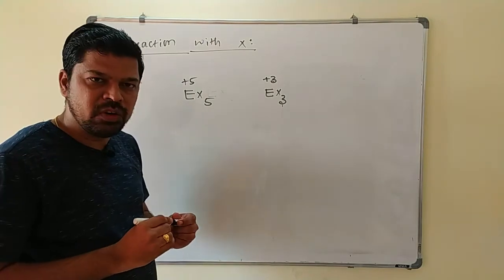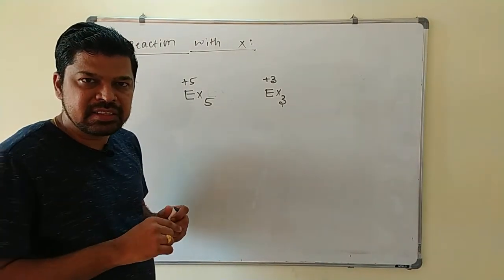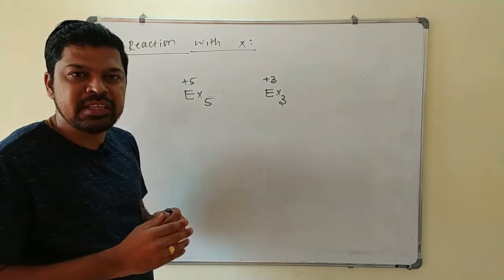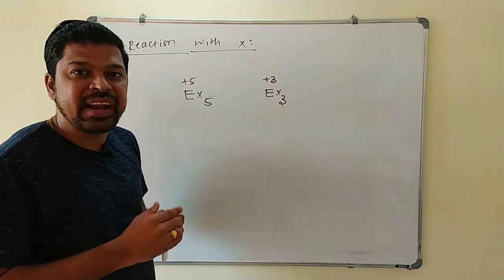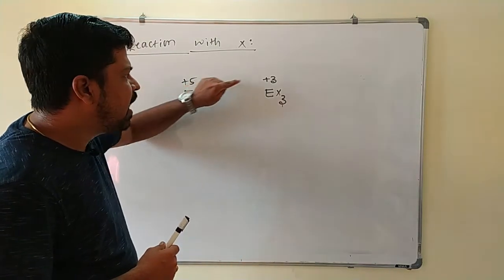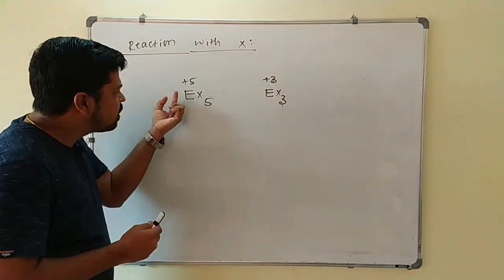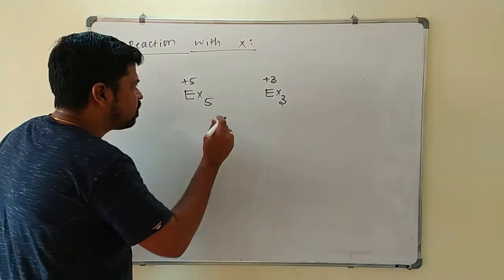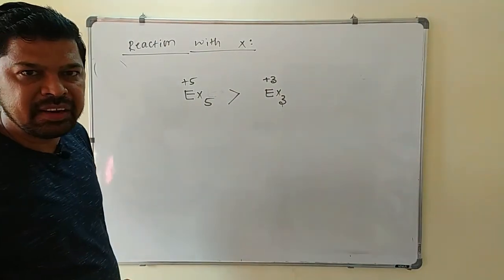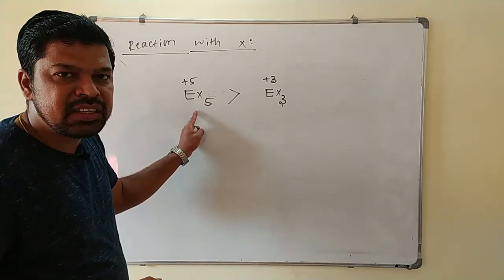According to Fajans' rule, as the positive charge on the cation increases, its size decreases and its polarizing power increases. As the polarizing power increases, covalent character increases. The positive charge on the cation is maximum in the pentahalide, so this cation has a smaller size and greater polarizing power. That's why pentahalides are always more covalent than trihalides. What is the reason?